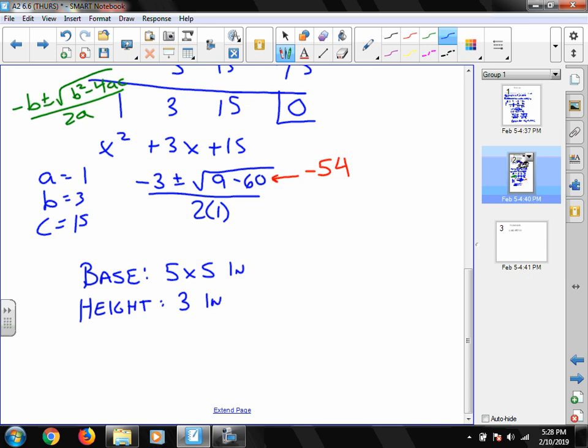Why? They told us we wanted it 2 inches less than the base. So, okay, situational, you got to be aware of your situation. I knew as soon as I got that complex answer, that's not something I need to be dealing with in terms of a pyramid height or base length. Okay, so that's why 5 is the only one that I want to keep.